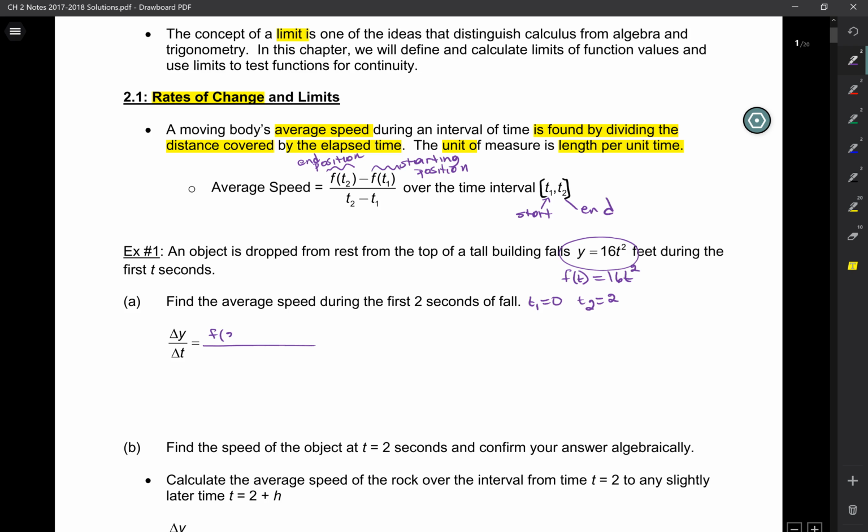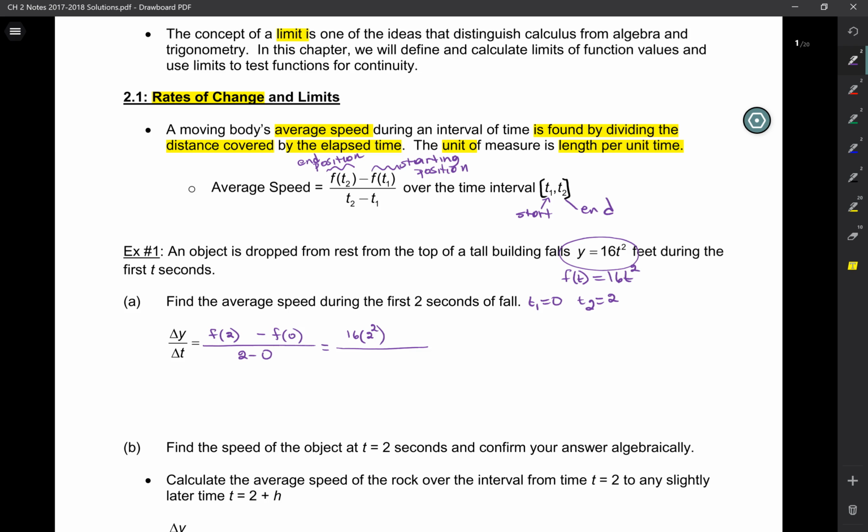So basically it's f of 2 minus f of 0 over 2 minus 0. Now f of 2 is 16 times 2 squared. I'm just plugging 2 into f of t.